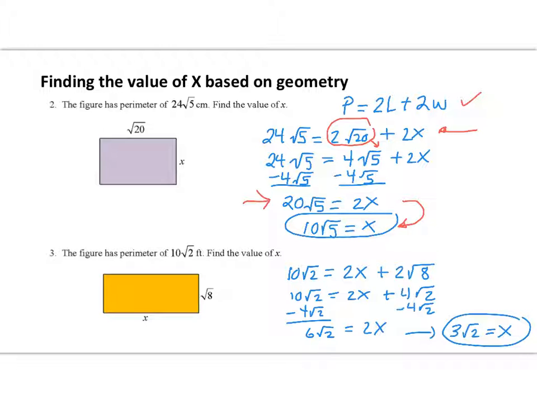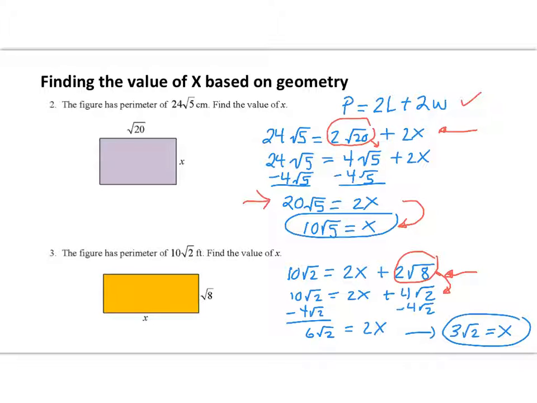In the second problem, again, I set up my perimeter statement. 10 square root of 2 is equal to 2x plus 2 square root of 8. I can simplify this expression to this expression, 4 square root of 2.